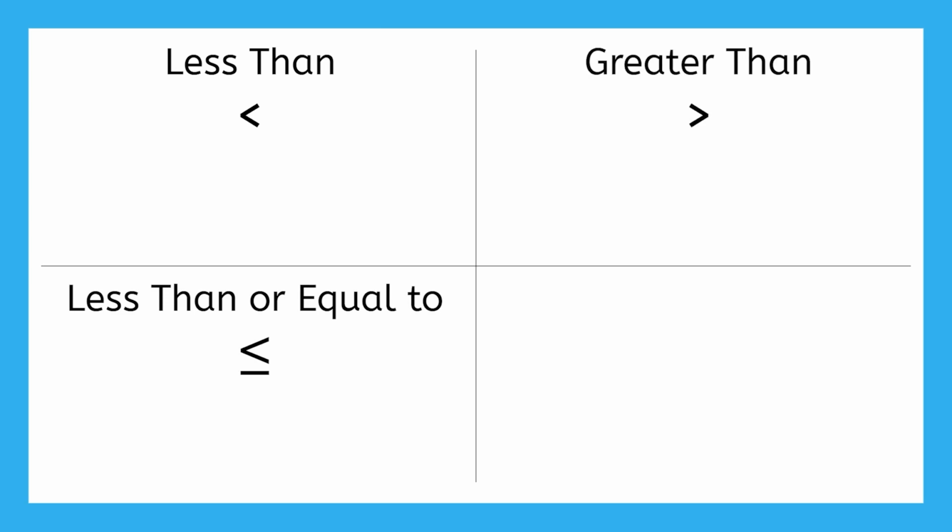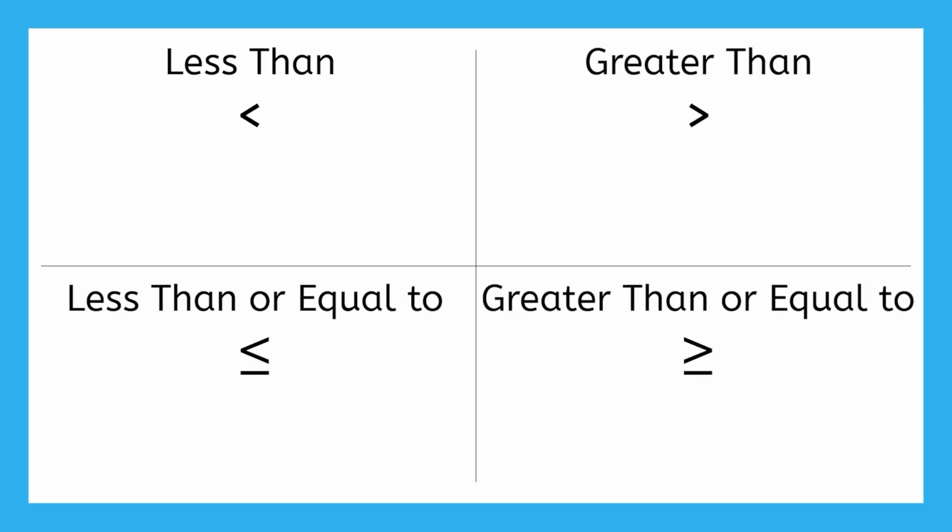The inequality symbols are less than, less than or equal to, greater than, and greater than or equal to. Let's look a little closer at each of these, starting with less than. With this inequality, we have a smaller number on the left and a larger number on the right. An example of this would be 20 is less than 30.